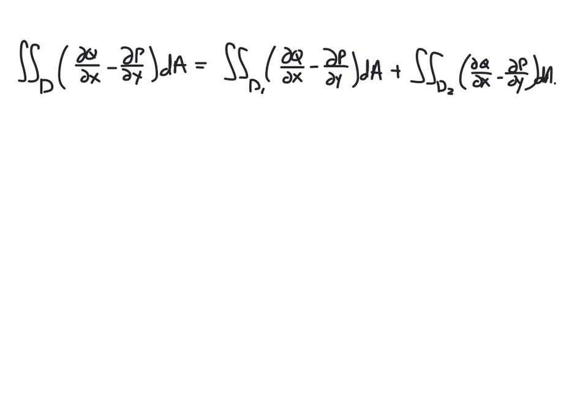Right? And now D1 and D2 are both regions that are bounded by simple, closed, positively oriented curves. And so we can apply Green's theorem to each of these double integrals. So we can have the integral, I'll write down the curve in a moment, of P dx plus Q dy, plus another integral, again, I'll write down the curve in a moment, P dx plus Q dy.